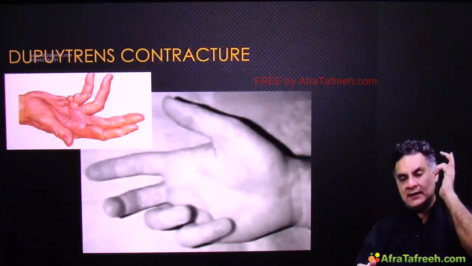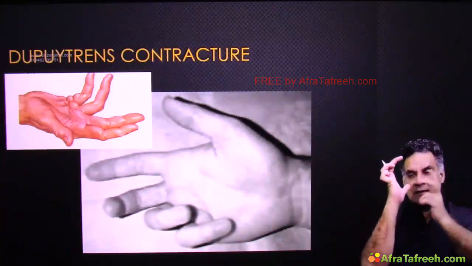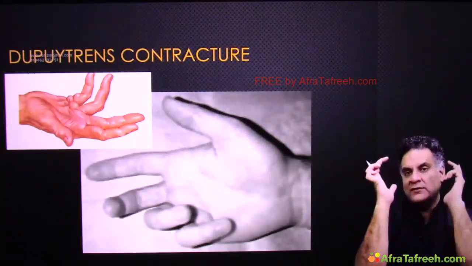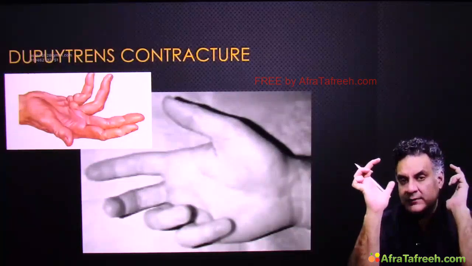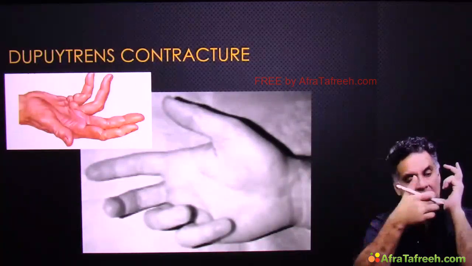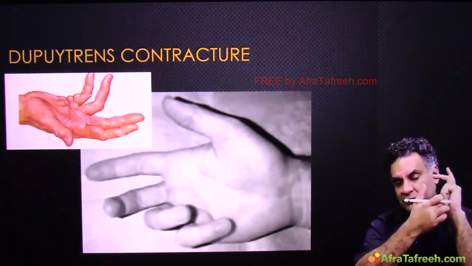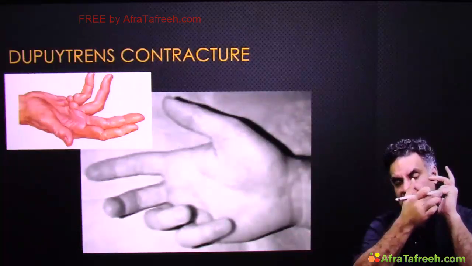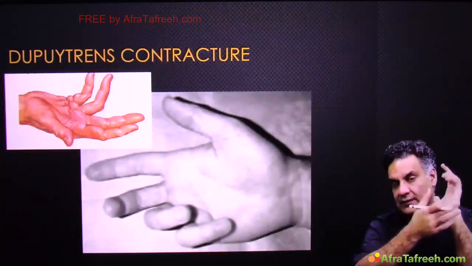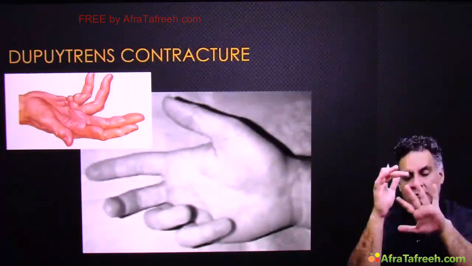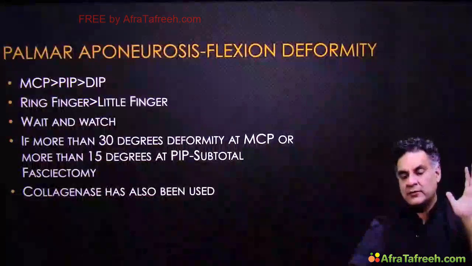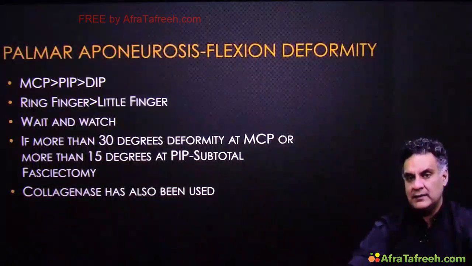If you look at the lateral view, in claw hand there is hyperextension of the MCP and flexion of the interphalangeal joint. Claw hand occurs because of the absence of lumbricals, but here, because of palmar aponeurosis contracture, the MCP and interphalangeal joints flex. Dupuytren's contracture involves the ring finger more than the little finger. MCP followed by PIP followed by DIP.